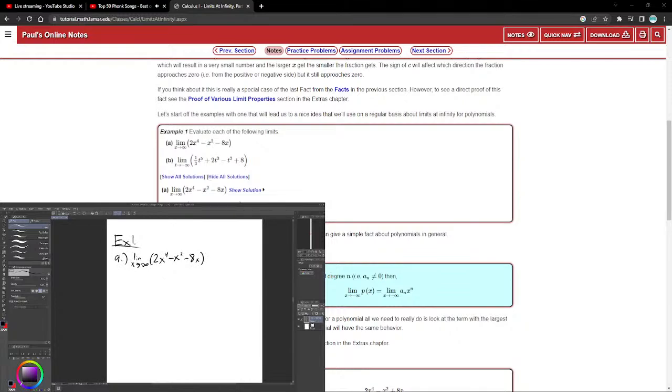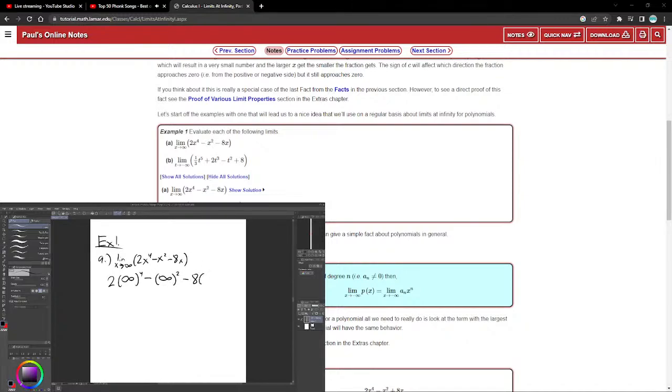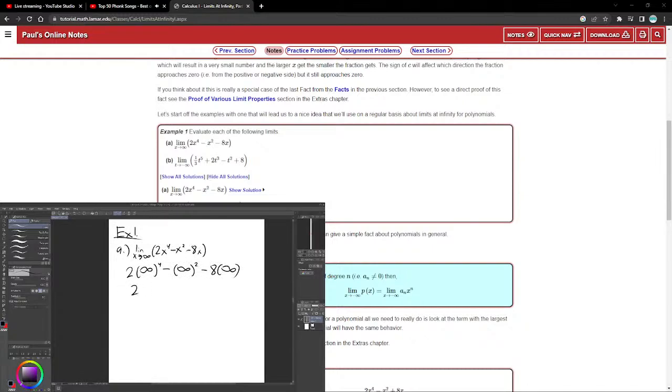Okay, so first thing. Well, there's two ways you could do this, I guess. You could just plug in infinity. Infinity to the power of 4 minus infinity squared minus 8 infinity. So really, this number in front doesn't matter, or this number.